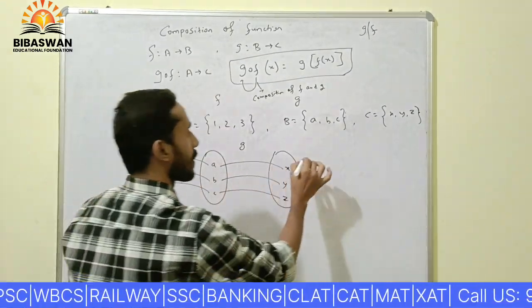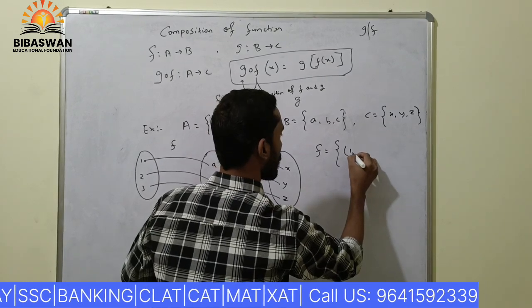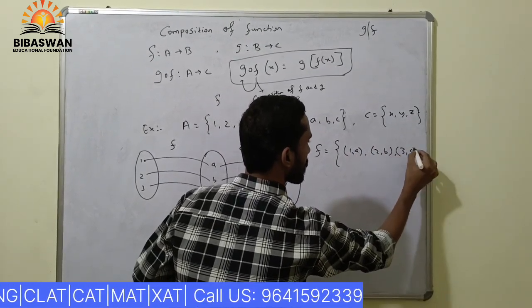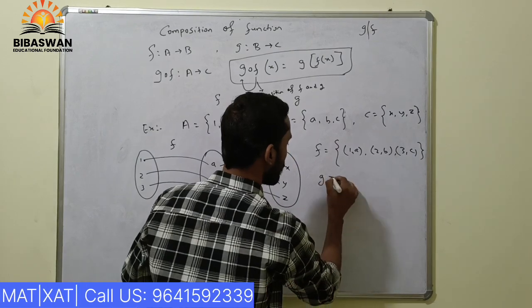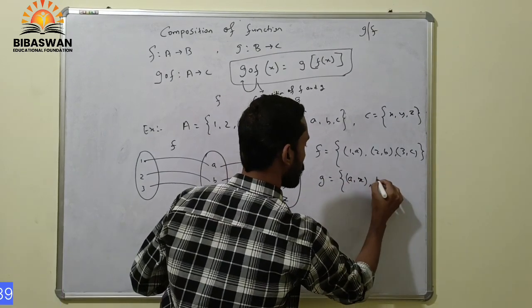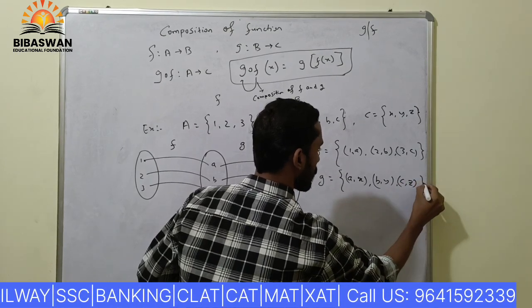Now, what is the function F? Function F is 1→A, 2→B, 3→C, and function G is A→X, B→Y, C→Z. Clear?